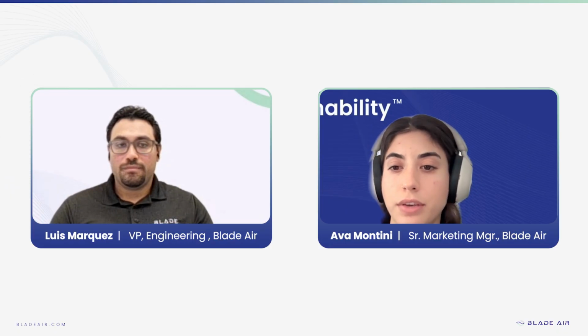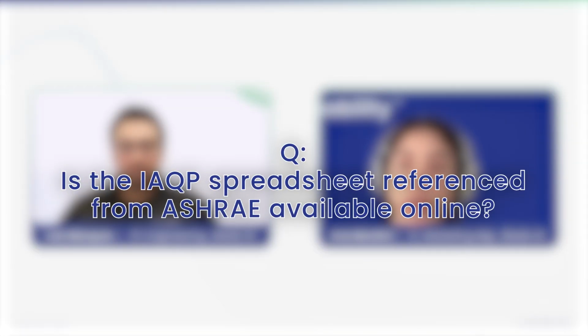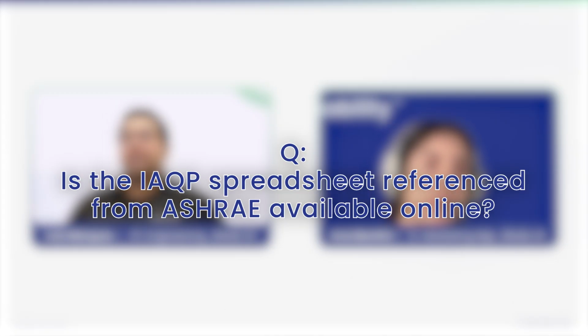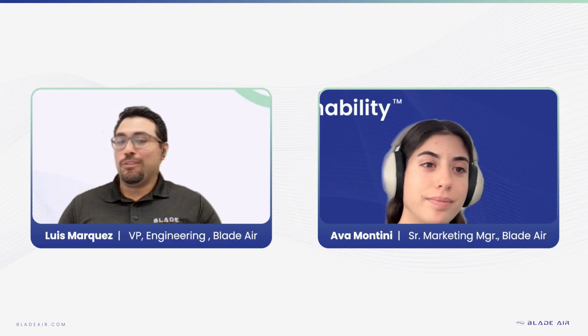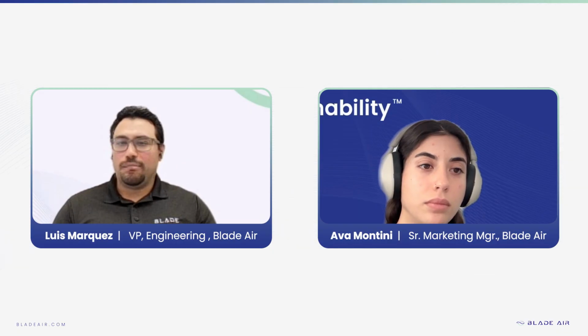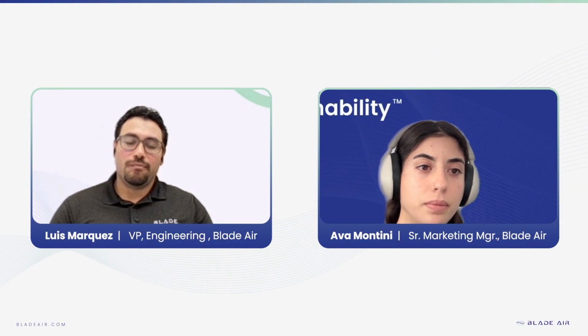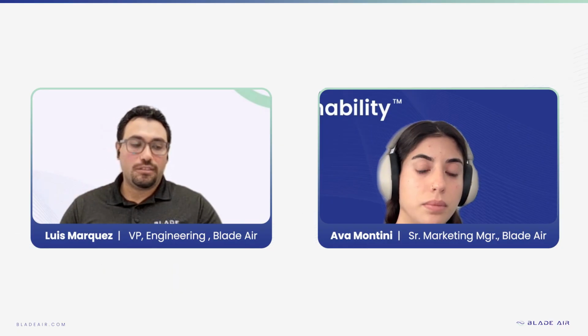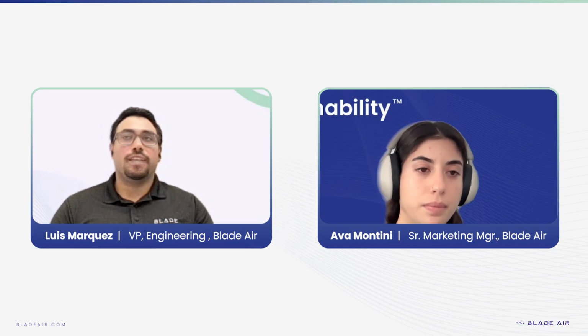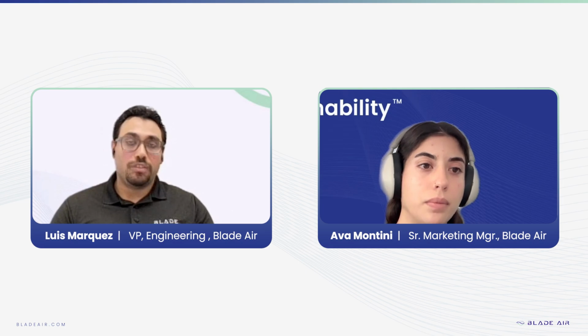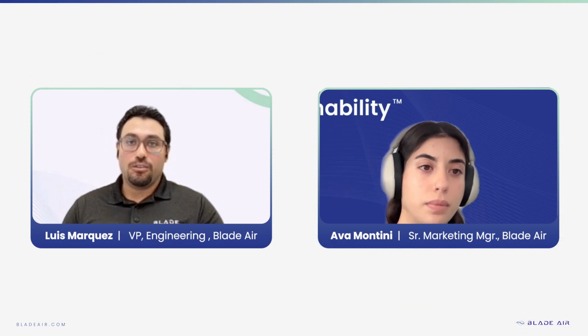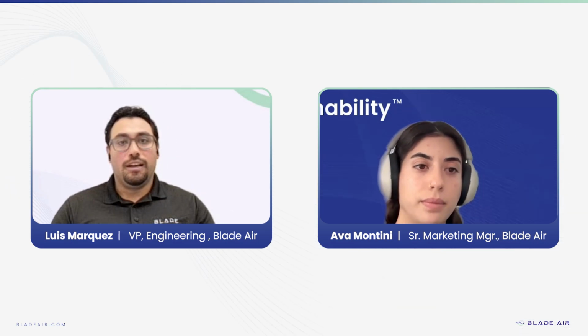We've had a request asking if the IAQP spreadsheet that you've been referring to from ASHRAE is available online. It is. It's available online for a price. I forget what the actual price is. I'm going to say somewhere between 100 and 200 US dollars. It provides both the ventilation rate procedure calculator and the IAQP calculator.